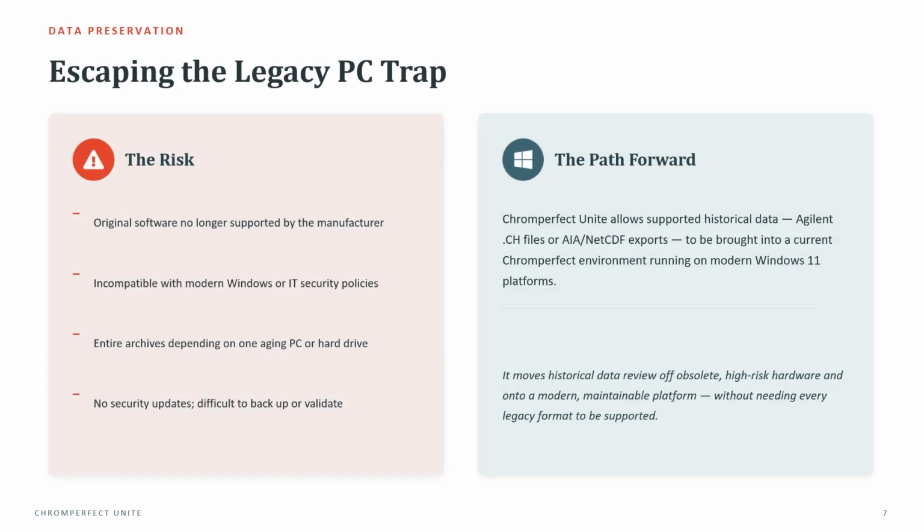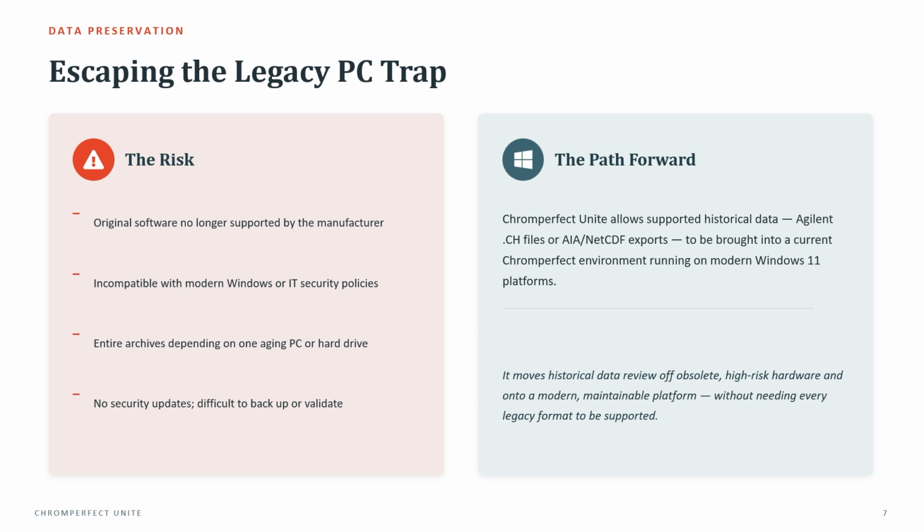Escaping the legacy PC trap. One of the most compelling reasons to consider Unite has nothing to do with day-to-day processing at all. It's about risk. Many laboratories are still keeping old PCs alive, running Windows XP or Windows 7, purely because they're the only machines that can open historical chromatography software. That's a serious long-term risk.